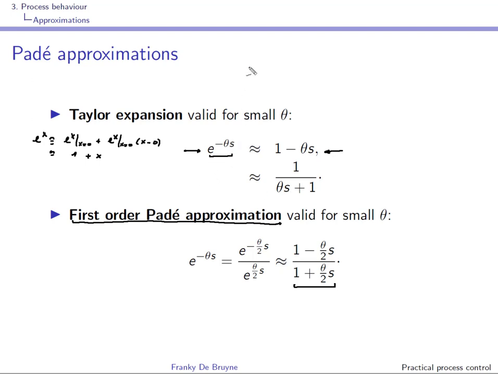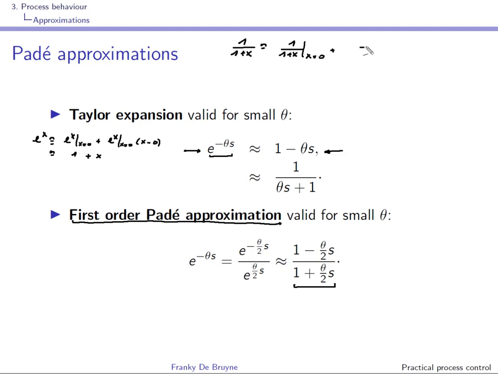Well, there is another Taylor series that you can use. It's the Taylor series of 1 over 1 plus x, again in the neighborhood of 0. So you take the function and you evaluate it at x equal to 0. Then you have to take the derivative.